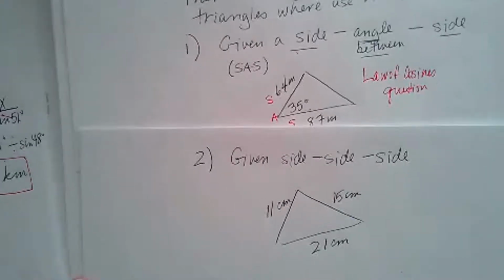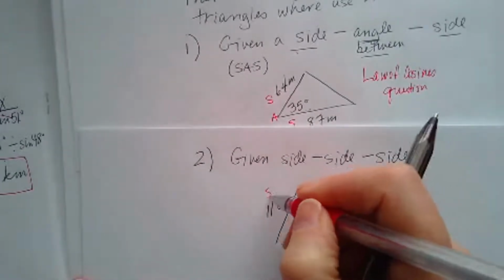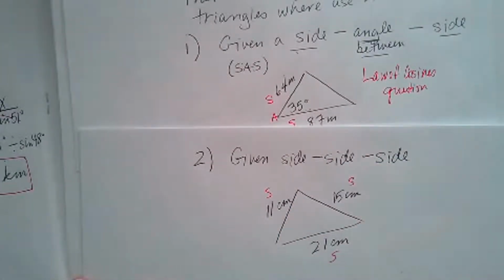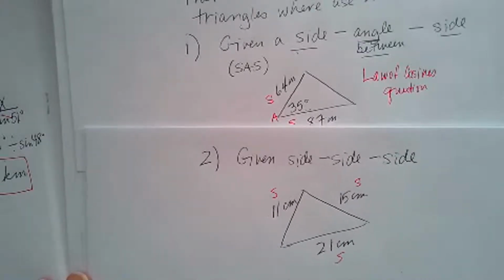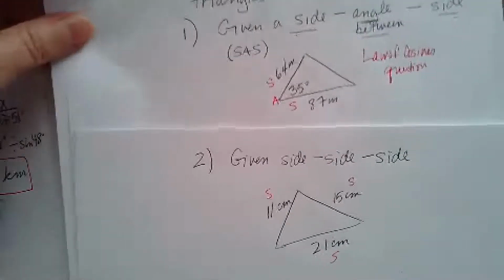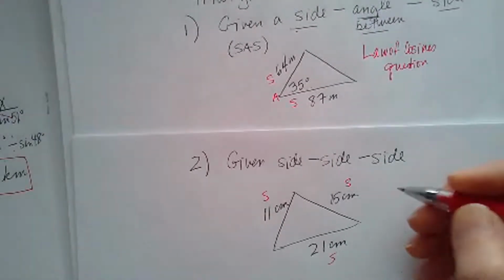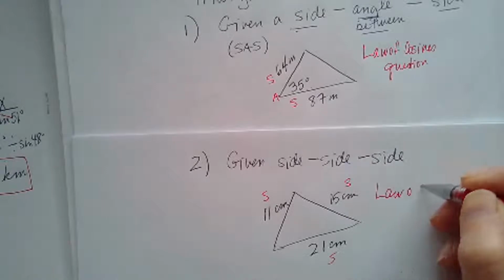All the information you're given, so you're just given side, side, side, no angles at all to start even setting up the law of sines. So therefore, there's no way we could set up law of sines. It's a law of cosines question, okay? So this is another law of cosines question.